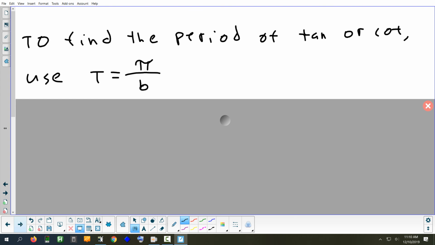In fact, the formula 2 pi over b is the one you use most of the time. It works for sine, works for cosine, it works for secant, it works for cosecant. Tangent and cotangent are kind of the weird ones. They are the ones that have a special formula that's pi over b. Everything else, 2 pi over b.